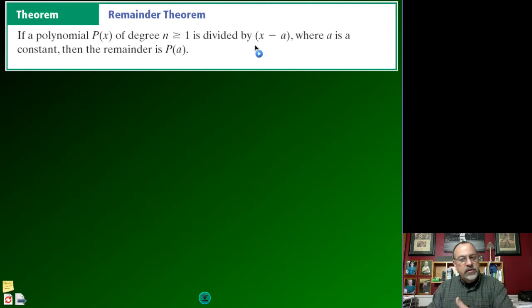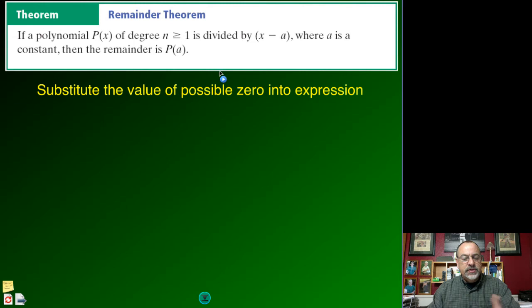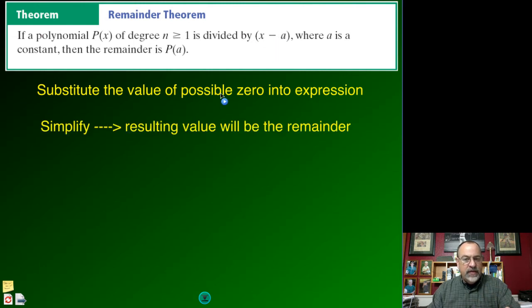So if you have this polynomial function and you're going to divide it by this linear factor, you can determine what the remainder is going to be before you do any division by simply taking the number here, a, putting it into the function and simplifying it, and the number that you get is going to be your remainder. Now again, it has to be in this form, x minus a. So we can substitute the zero, whatever the zero would be, into the function, and the value that we get will be the remainder that we should get when we divide.